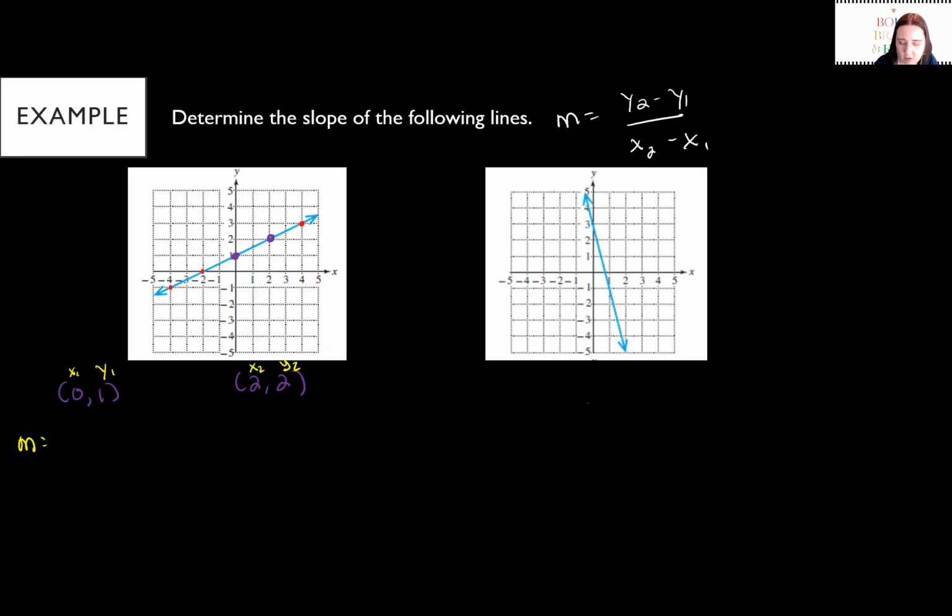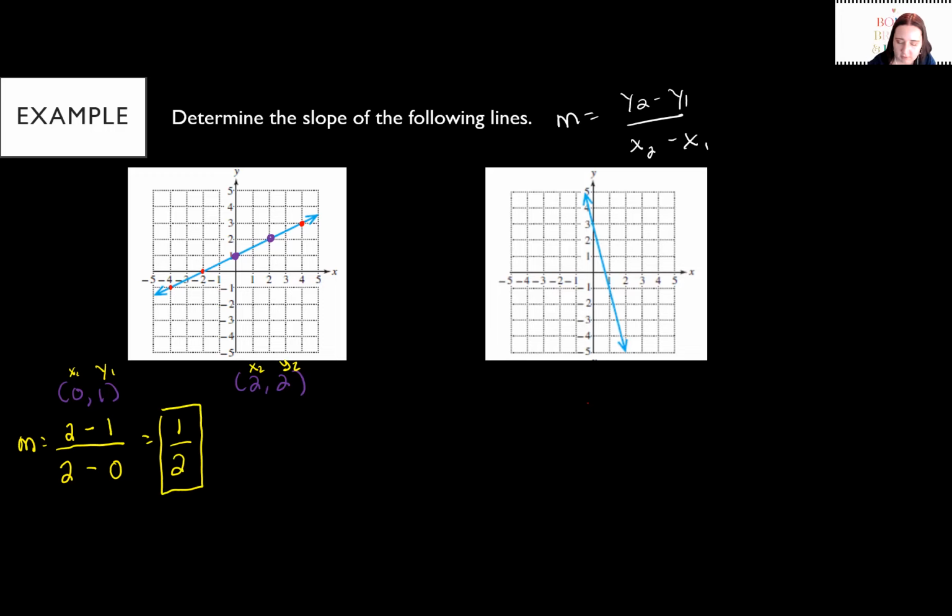So my slope is... I'm not going to rewrite the formula this time just in the interest of space. So y2 is 2 minus y1, which is 1. Then we have x2, which is also 2, minus x1, which is 0. So 2 minus 1 is 1, 2 minus 0 is 2, and we get a slope of 1/2.